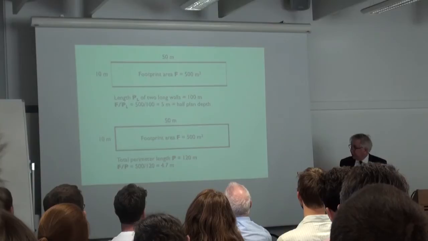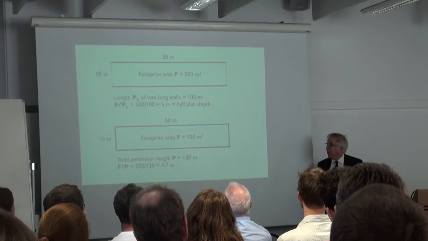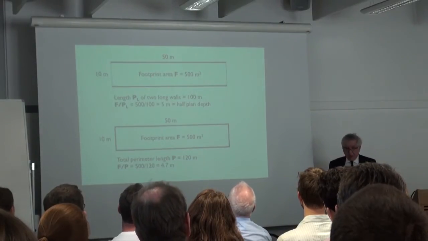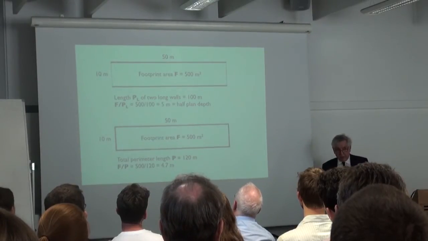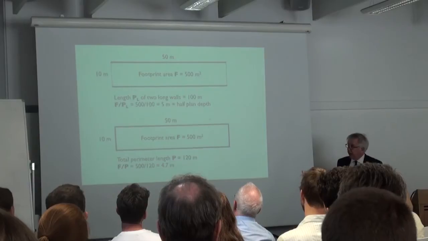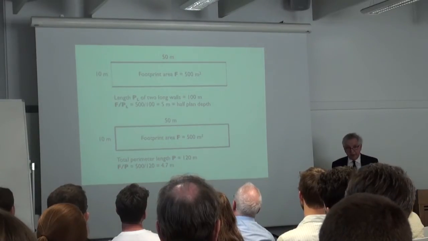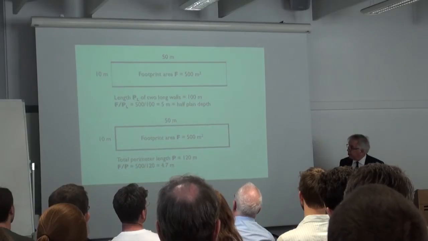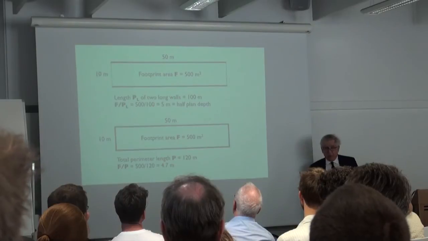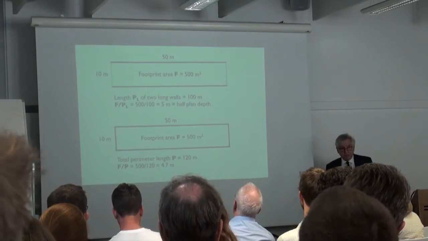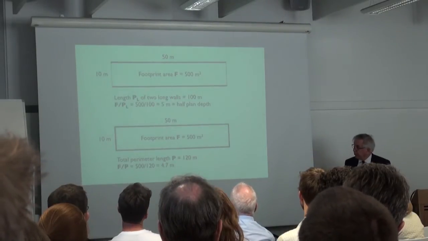And if we divide the footprint area of 500 by the combined lengths of the long walls, we get a figure of 5, which is exactly half the plan depth of 10. And this relationship holds for any rectangular plan and for any length. And you'll appreciate that as the plan gets longer, so that ratio would approach the real plan depth.